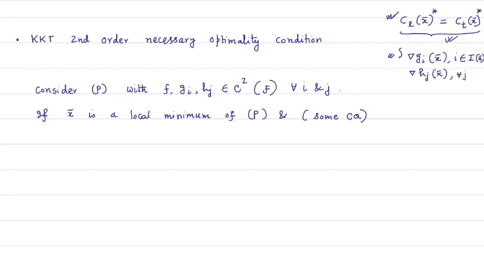If this set of vectors is linearly independent, then we can show that x bar being a local minimum point plus the linear independence of this set will imply that the point x bar is a KKT point of the constrained problem.